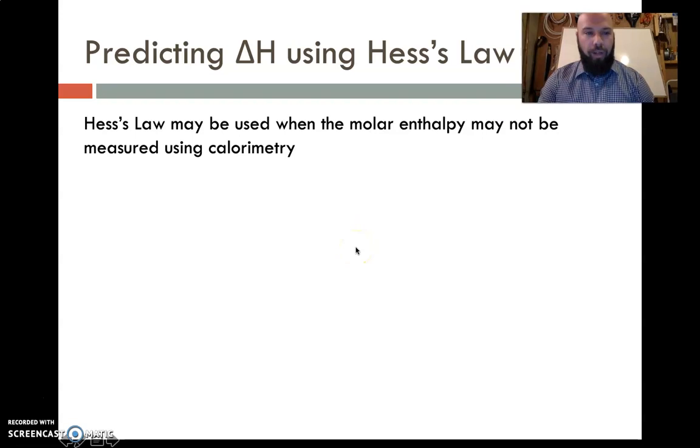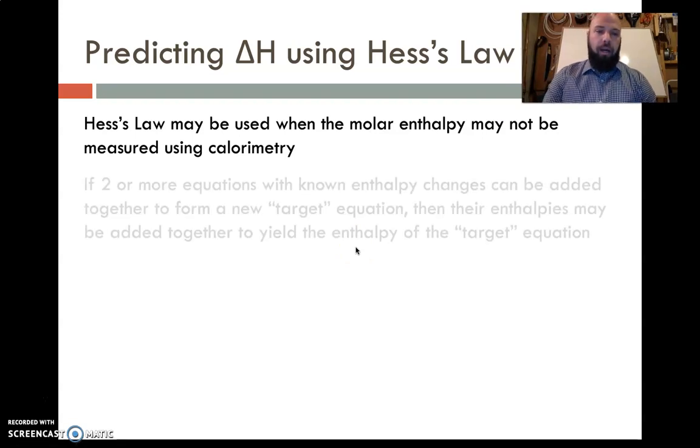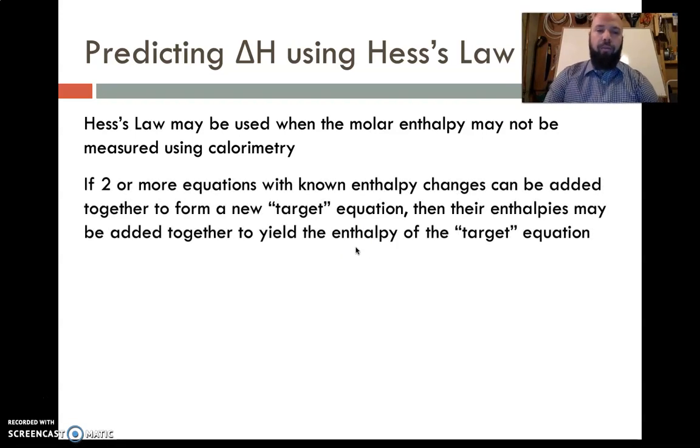by using the molar enthalpies measured in different experiments. If you have 2 or more equations that you have known values for, then you can add those equations together to form your target equation. We have a couple of examples of this coming up. When you're rearranging some of these known values, there are 2 things you need to remember.